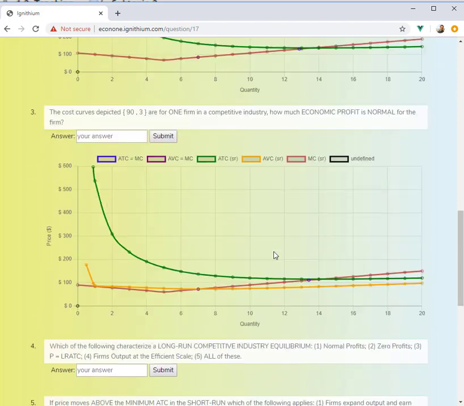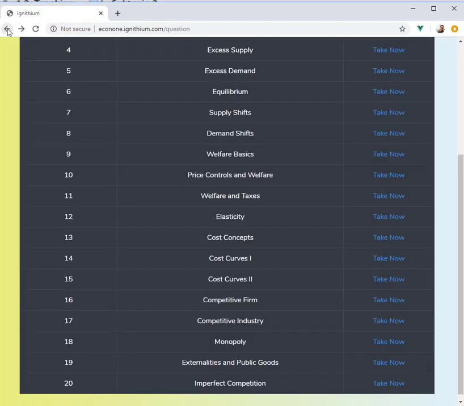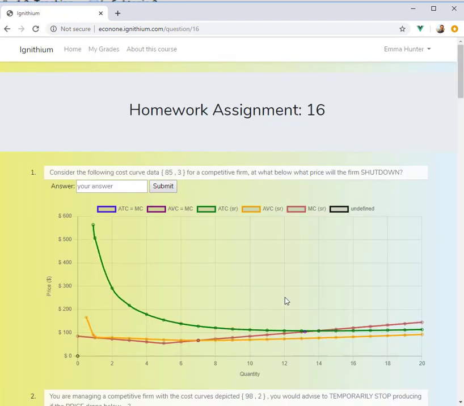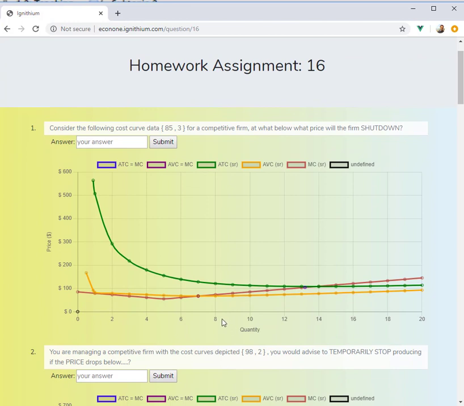I'm going to go ahead and go back. This was homework 17 on competitive industry, and I'm going to look at homework 16, which is on just the competitive firm. And so now they're asking about shutdown. And so remember, the shutdown rule is that the firm produces 0 once price drops below the minimum of the average variable cost.